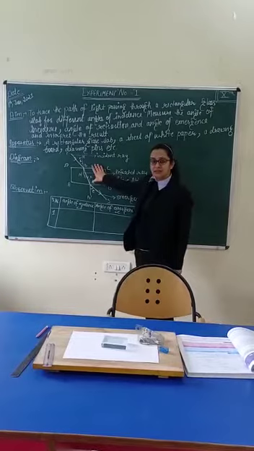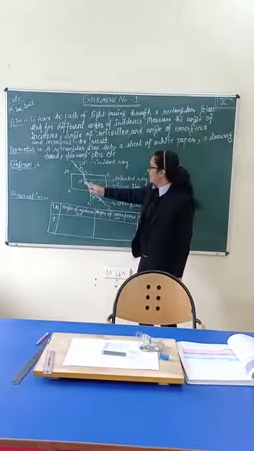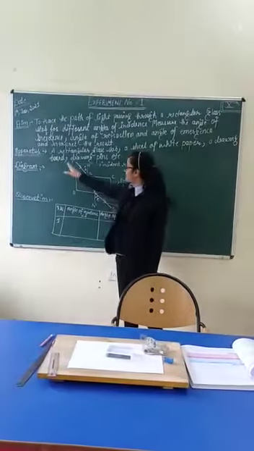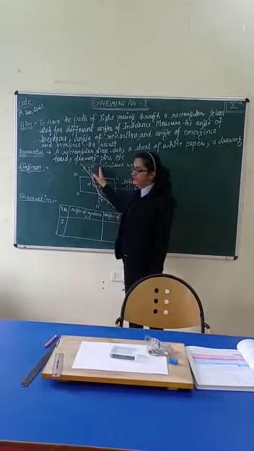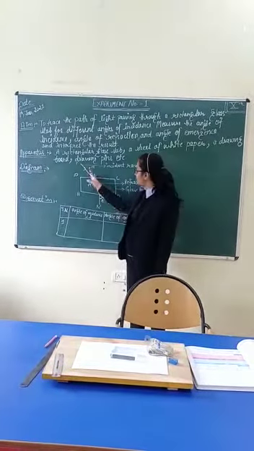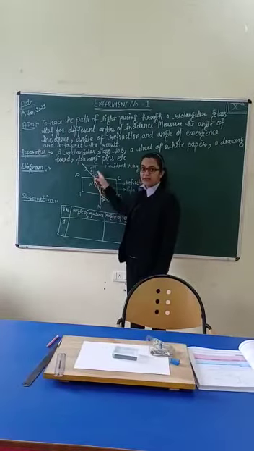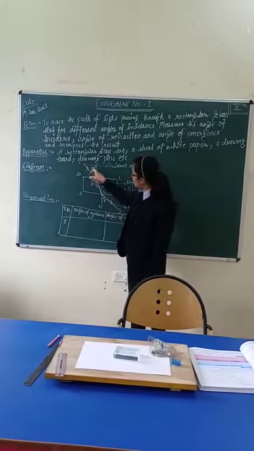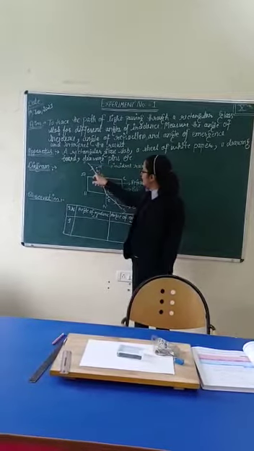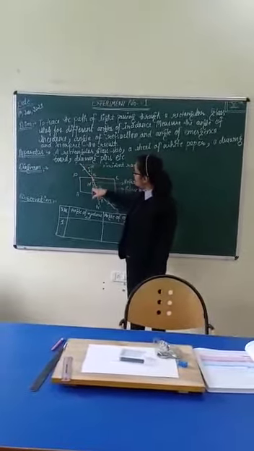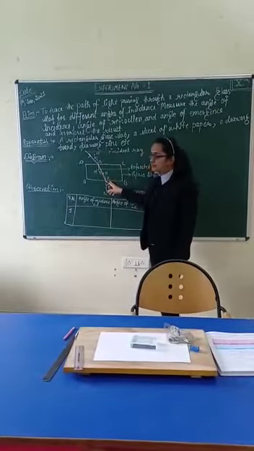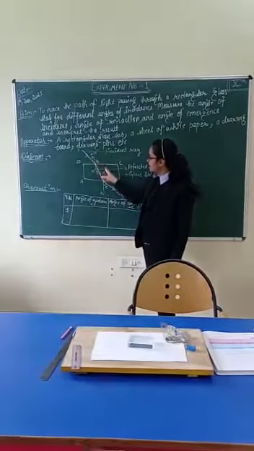We know that glass slab is a denser medium than the air. Whenever light passes from a rare medium to a denser medium, the light ray incident on the glass slab, that is the denser medium, will bend towards the normal. Here M and M prime is the normal and PQ is the incident ray, and the angle between PQ and MM prime is the angle of incidence, and QR is the refracted ray in the denser medium.